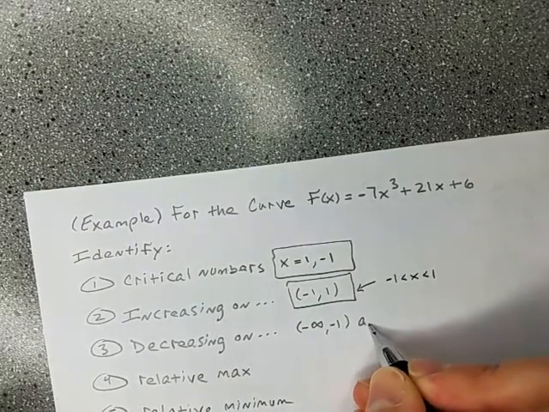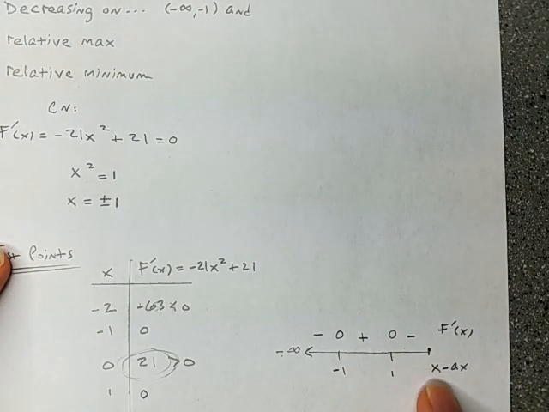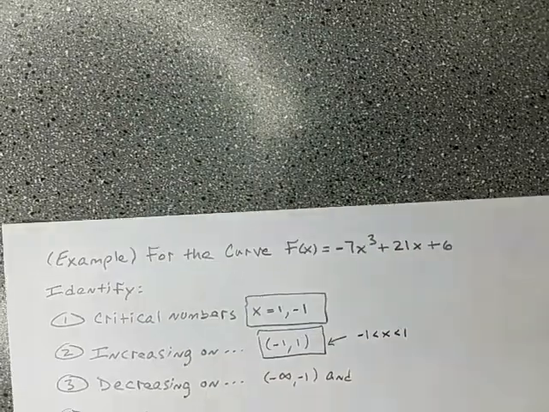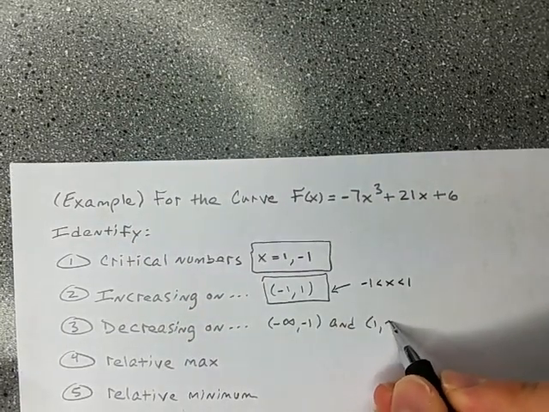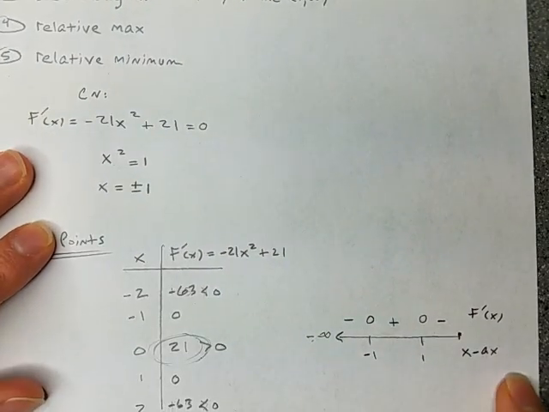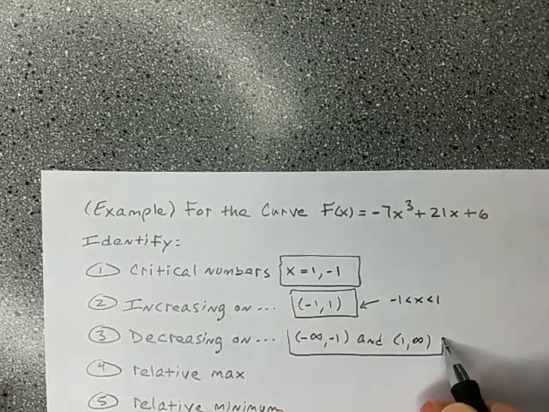And also in this other portion, 1 to infinity. This curve has a domain of negative infinity to infinity. So from 1 out to infinity, from here on to forever, it's also decreasing. All right, I got that.